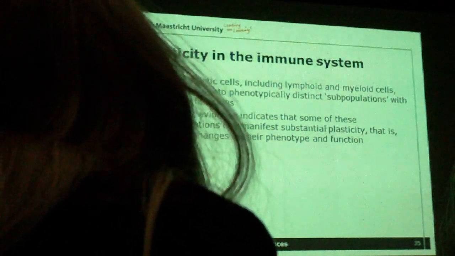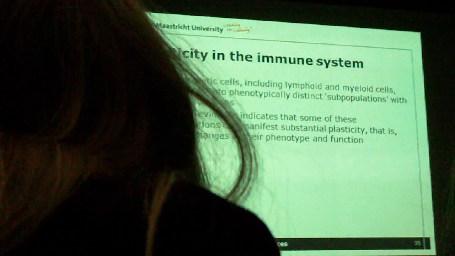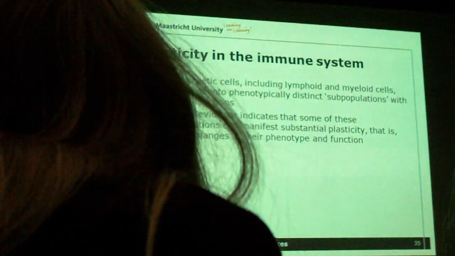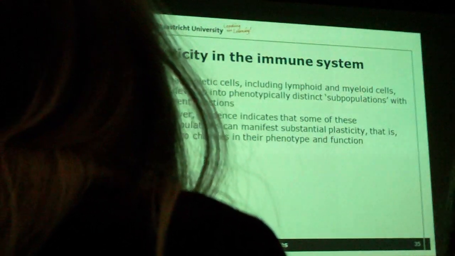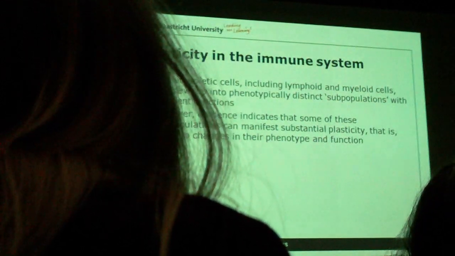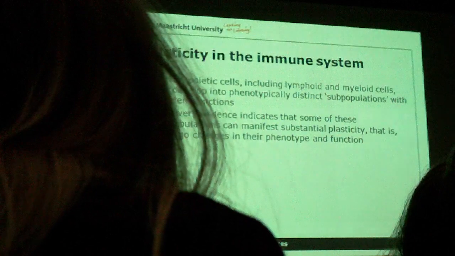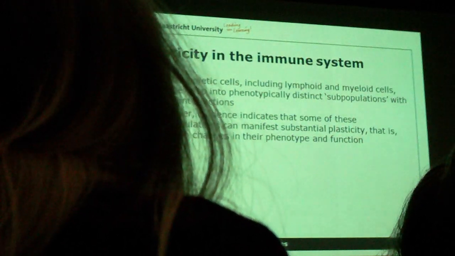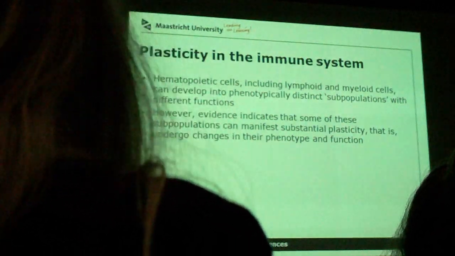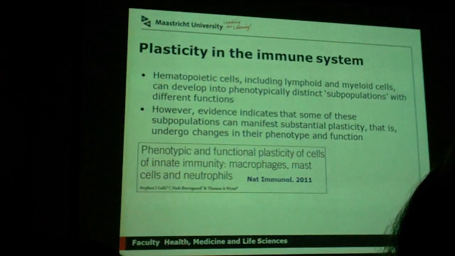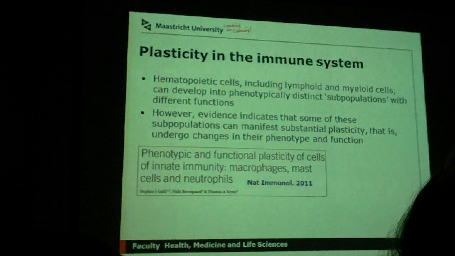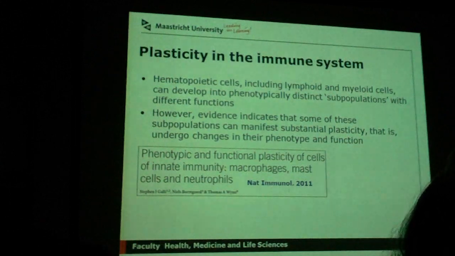However, there is now evidence that these subsets are not fixed as they are, but they can switch again between a different phenotype, obtaining a different function. And that is called plasticity, so the flexibility of the phenotype and function. And this is really a new concept, so yeah, it also complicates immunology much more.